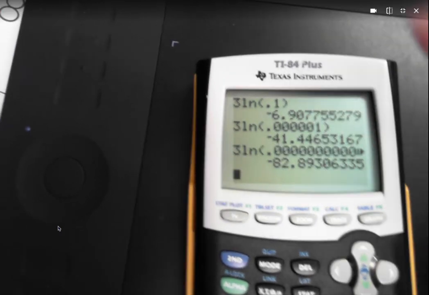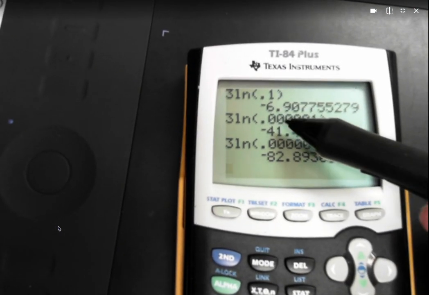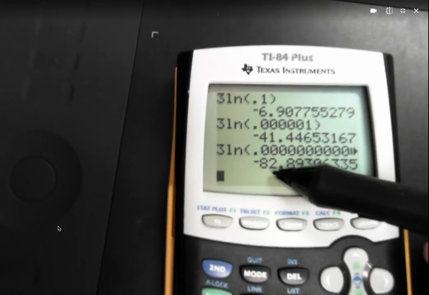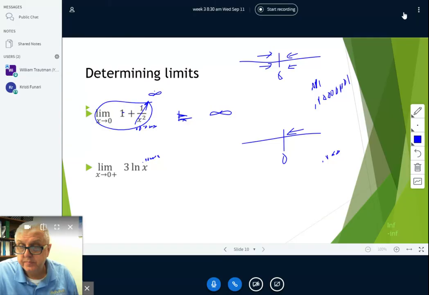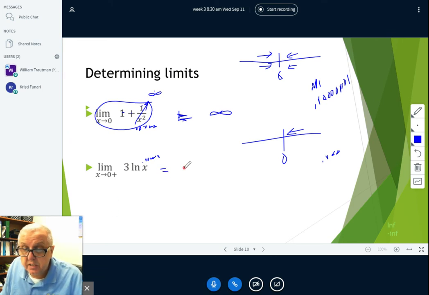Do you see the trend, as I'm getting very close to 0, the numbers are getting more negative? In other words, it's approaching negative infinity. The graph is approaching negative infinity. So the answer to this is negative infinity.